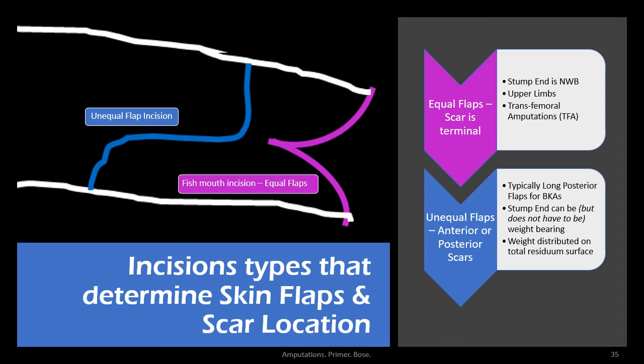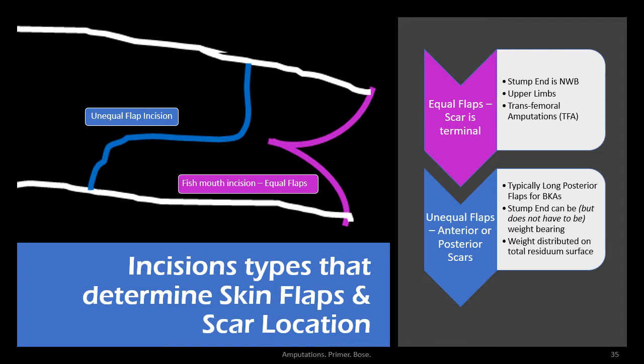The scar in such case will be at the end of the stump, otherwise called a terminal scar. While these stumps look more aesthetic, the end of the stump will be non-weight bearing, otherwise the scar will break down on bearing of weight. Examples of such surgeries are in the upper extremities and sometimes for transfemoral amputations.